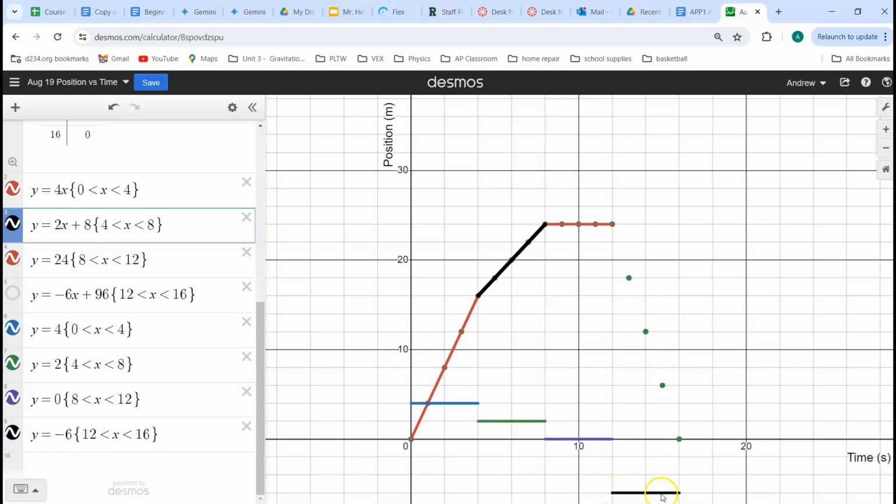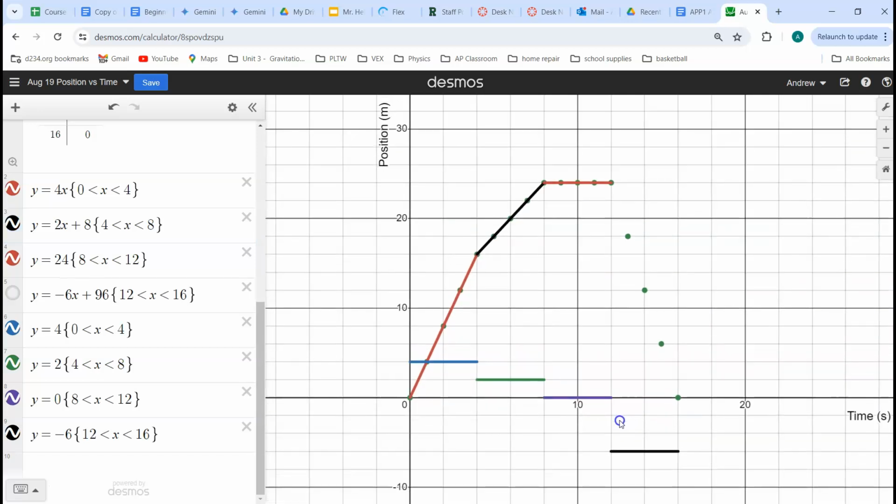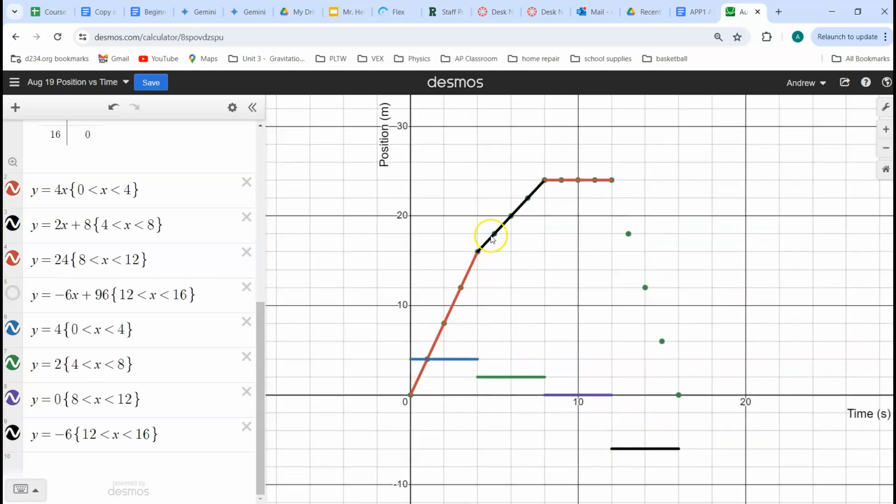So if you graph the velocity, it would look like that right there. These lines right here represent position versus time, and these lines right here are a separate graph of the different velocities in each of those time intervals.